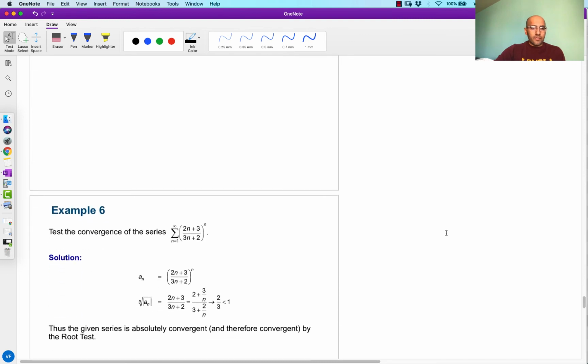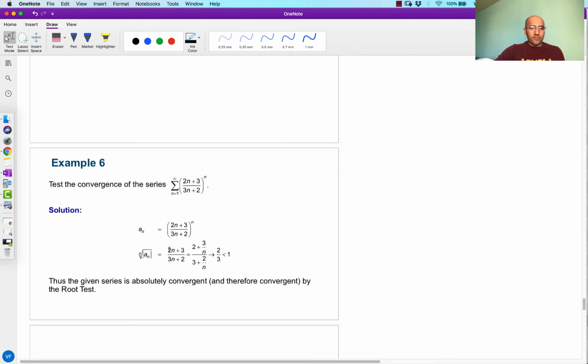Let's see what the author did. Hopefully it matches. The nth root gives you 2/3, less than 1. The given series is absolutely convergent and therefore convergent by the root test. Yes, that's what we should have concluded.